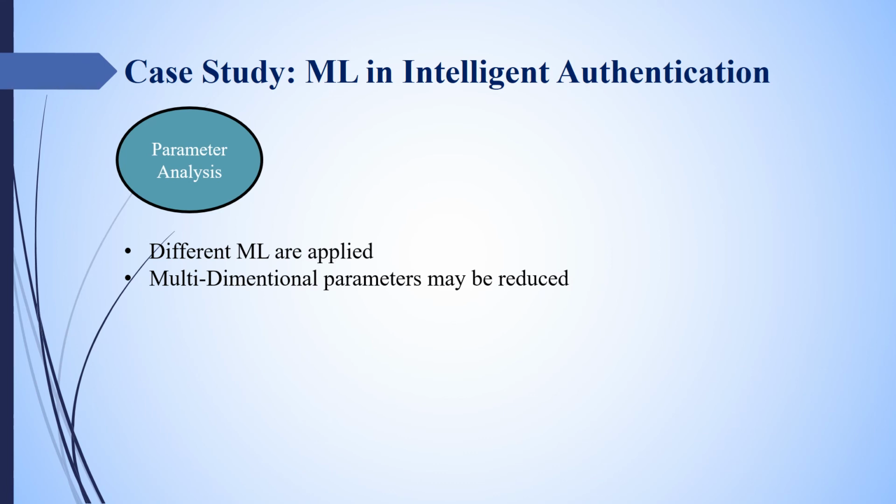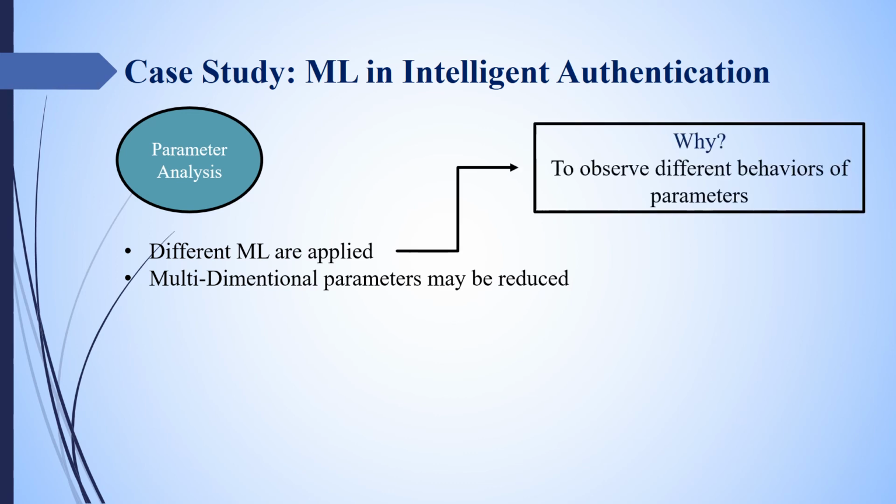But why do we use multiple machine learning algorithms? It is because applying different machine learning algorithms can lead to different behaviors of the parameters we require. That is why different machine learning algorithms are used. For example, we have one set of data, and we can perform different algorithms on that same set of data to see how the data shifts its behavior from one position to another.